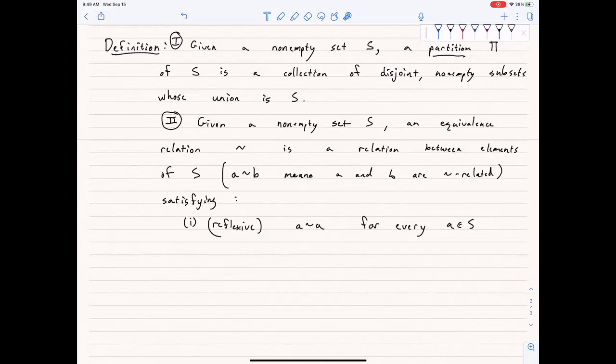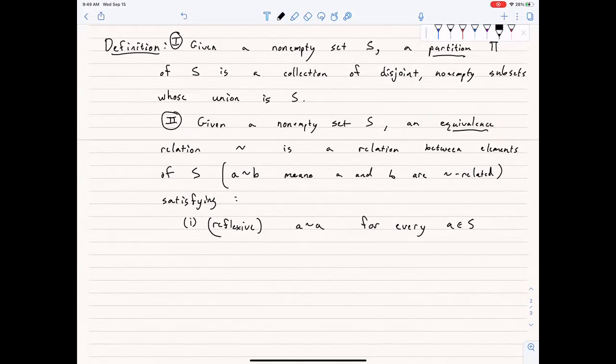It says something and something else are related in a certain way. 5 is less than or equal to 7. That's a relation. These are symbols that we put between two things in the same universe. So I'm not defining relation. I'm defining equivalence relation. The operative word here is equivalence.